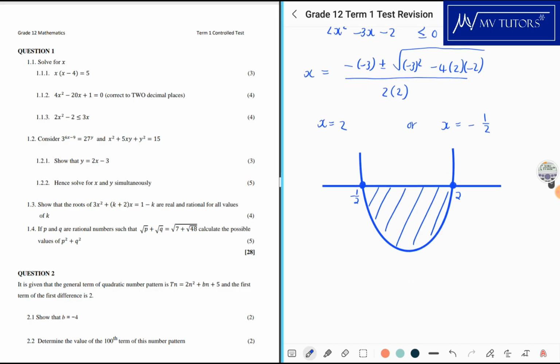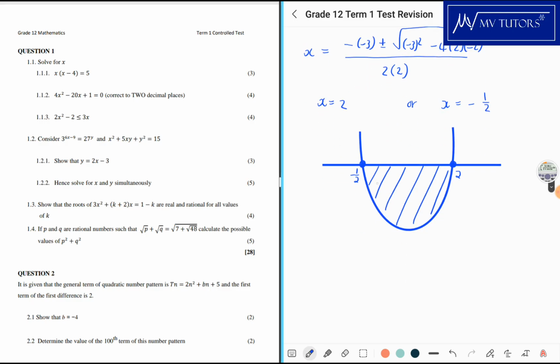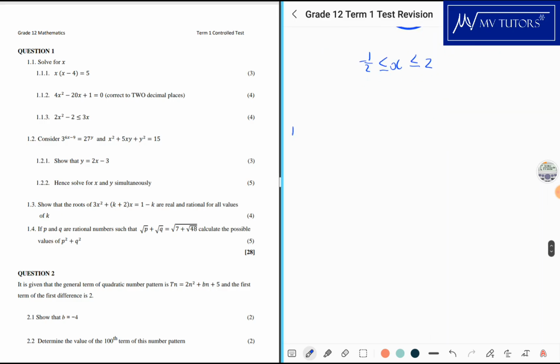So if you are shading in between, that means x lies in between negative a half, and it's included as well, and 2. I hope it makes sense. Now we go to 1.2. We are gliding so far with the maths, with question 1.